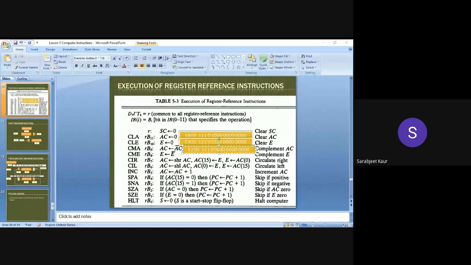Now let us look at the instructions themselves. So clear A means clear AC. So that means, as we had also seen the implementation of this in CPU sim last time, the remaining implementations also now you will have to do in the CPU sim.